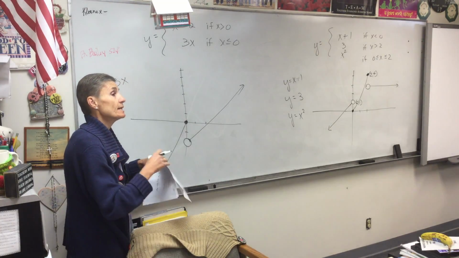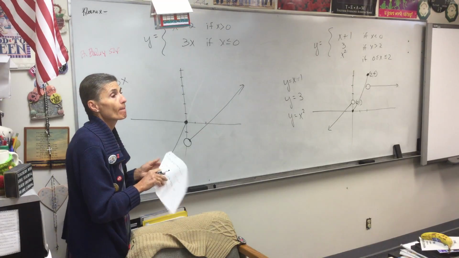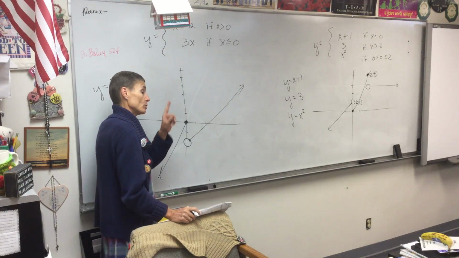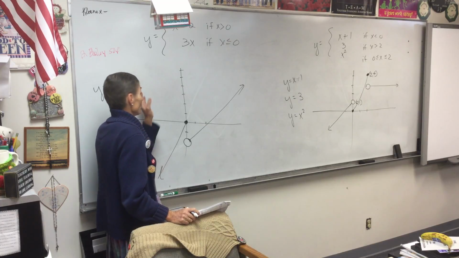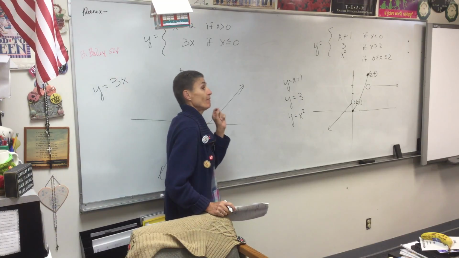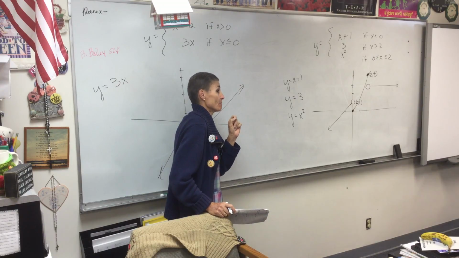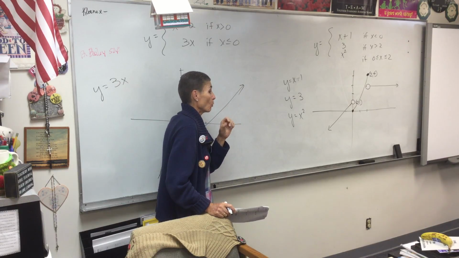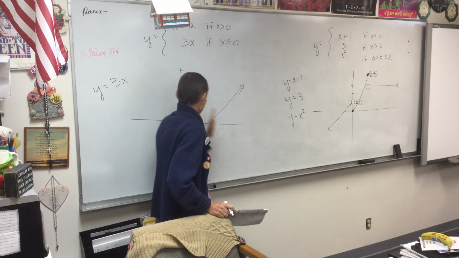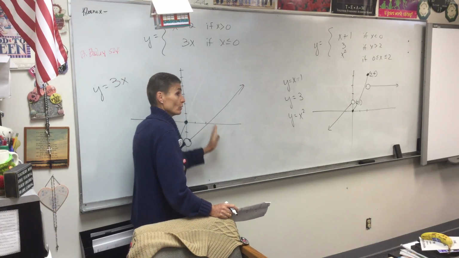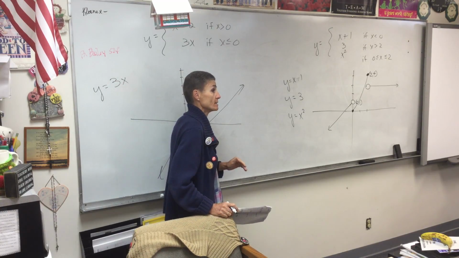Little tricky. Yes, Megan. Will they ever overlap? Good question. Remember, these are piecewise functions, so they must pass the vertical line test. Whatever you end up with, you have to be able to draw vertical lines through them and only hit once.